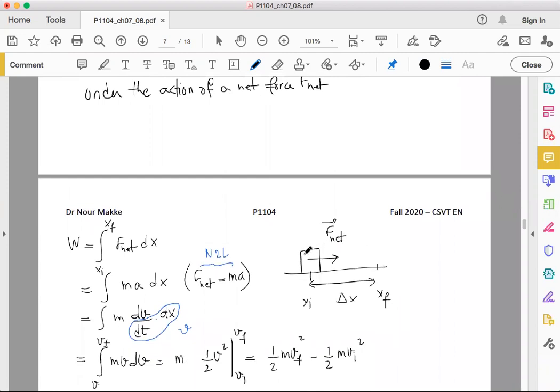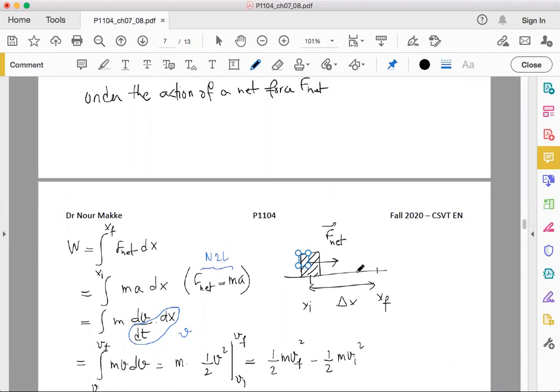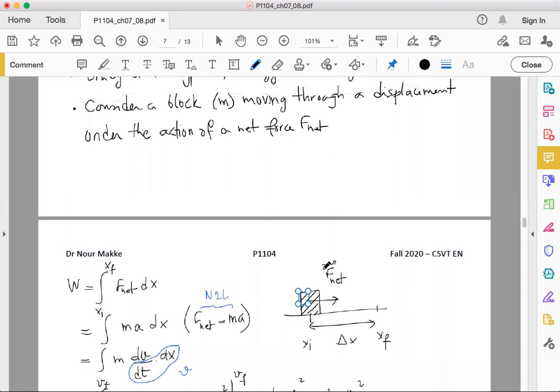When we say F net, we don't mean only a single force acting on it; rather, the sum of the forces acting on it is summarized by this F net. So let's suppose that F net is the net force acting on this block, which has this direction, and this block undergoes a displacement delta x between x initial and x final.